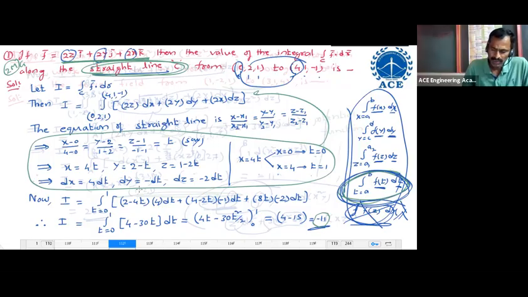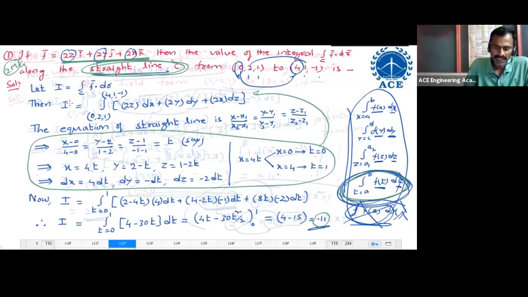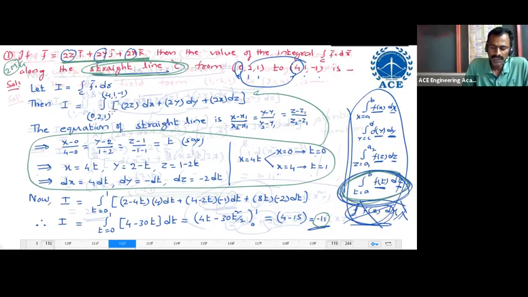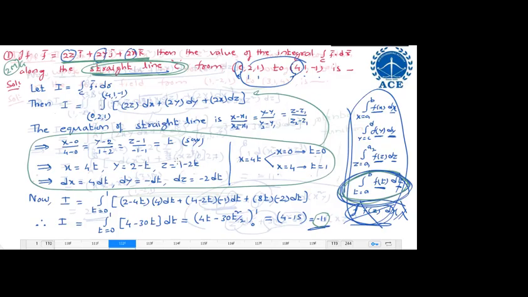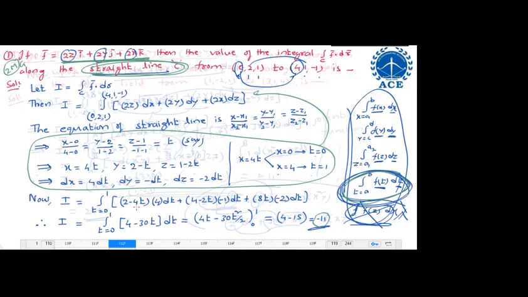This one, just below the green box. Go to the top, the second step: I equals the integral of 2z dx. What is z? Z equals 1 minus 2t, into 2, so 2 minus 4t. That is what I wrote here. Okay, sir, got it.